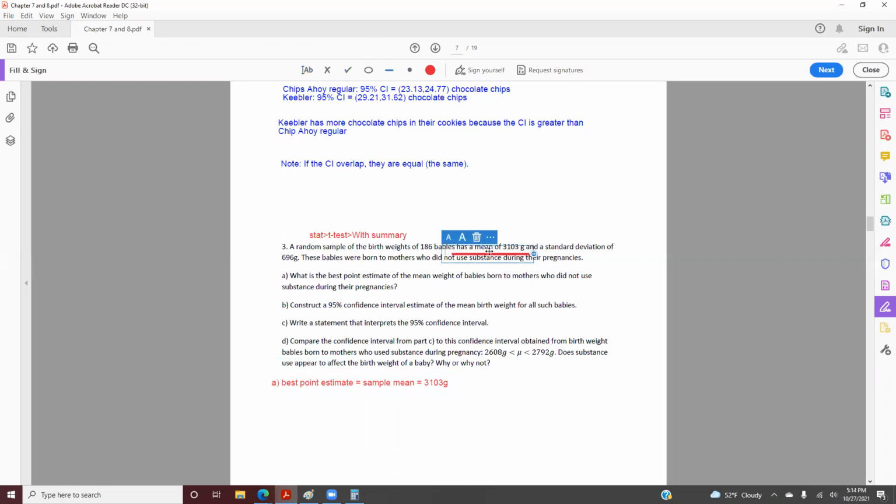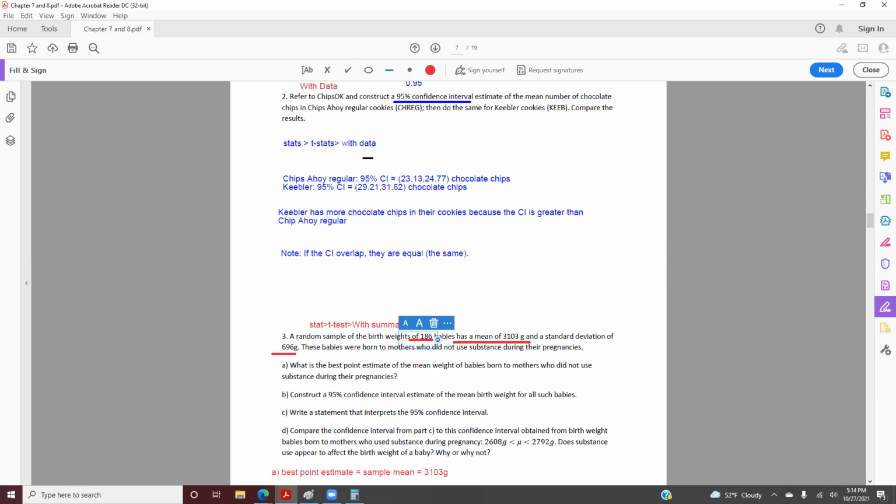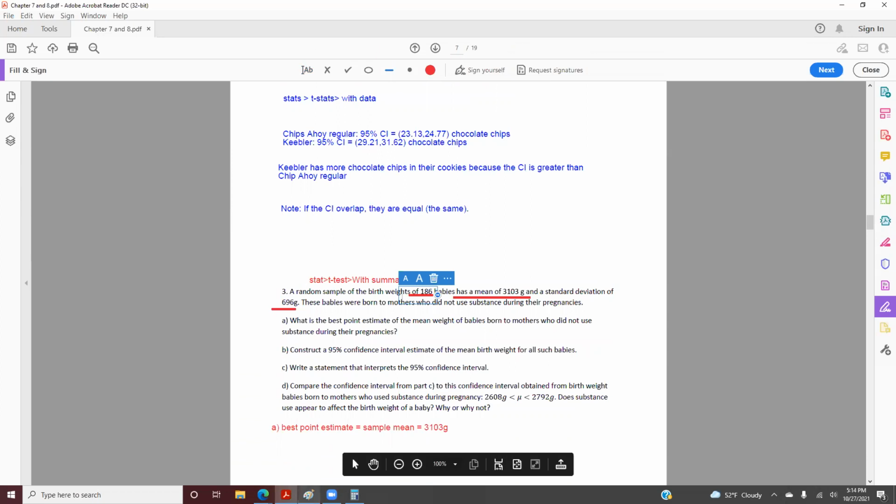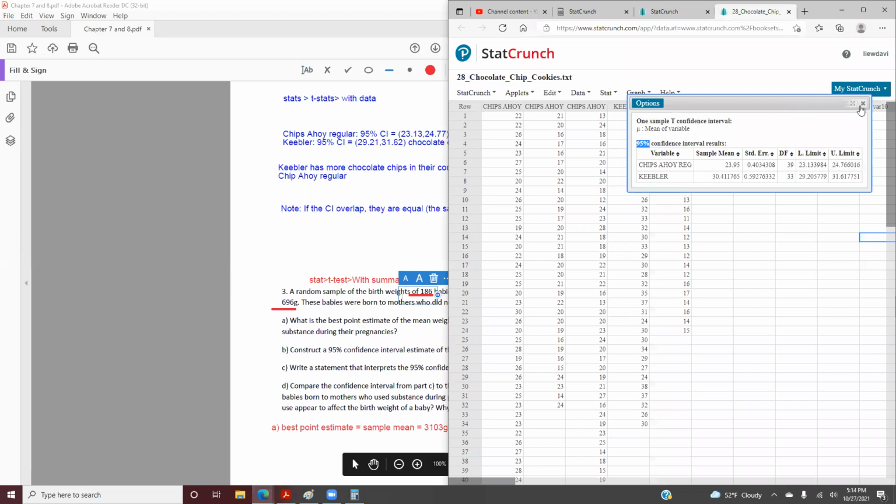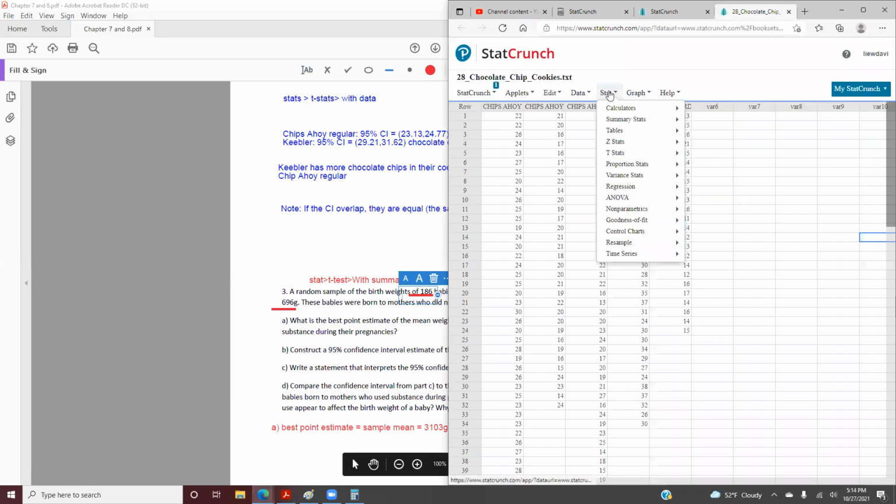So if they provide it, you do not need to do any work on it. But if I give you this chocolate chip and want you to find the mean chocolate chip count for Chips Ahoy, then I do need to go to your data here and find the mean, which is summary stats. Remember that you did it in your midterm.